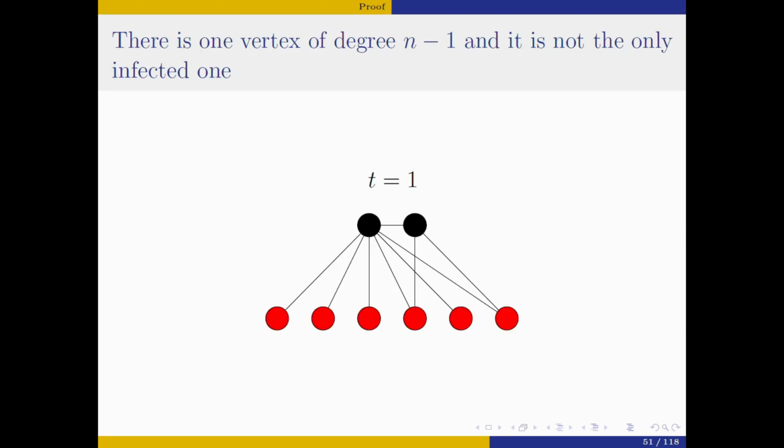In the next time step, the top ones will die and the bottom ones will become infected. Then, the bottom ones that were infected will become dead and the top ones will become healthy. Since we no longer have infected vertices affecting the others, in the next time step all the vertices will be healthy.